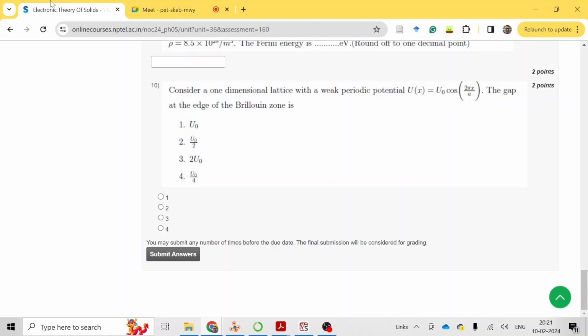I have one question for the two-dimensional case as well, but we will discuss that question in the next session, when the assignment submission will be done. But basically, you have to take the edges of the Brillouin zone, which is just minus pi by 2 pi by 8.